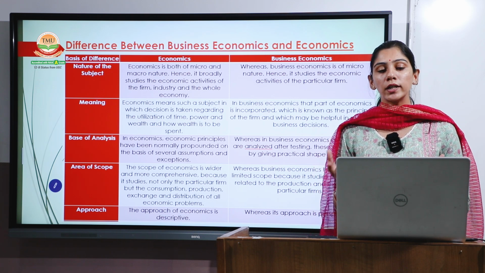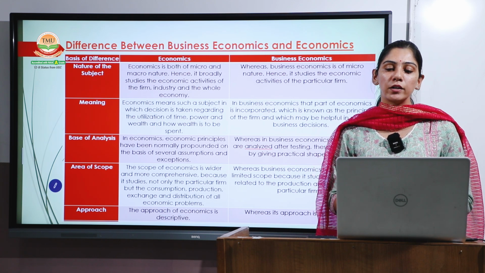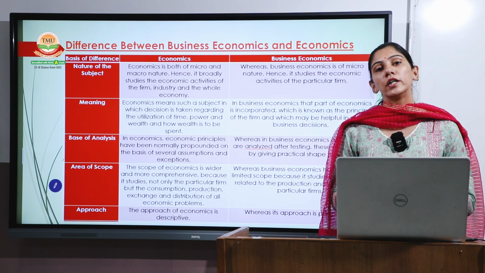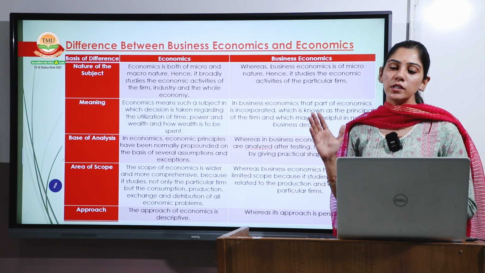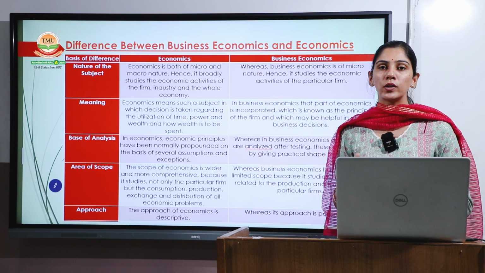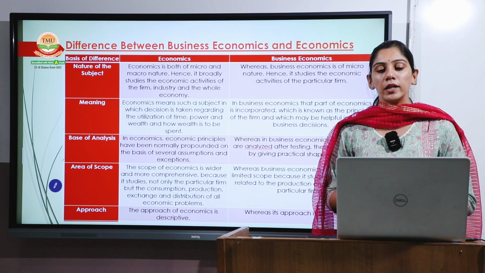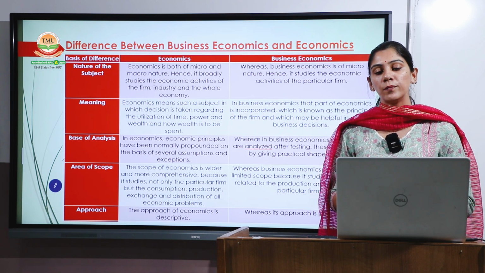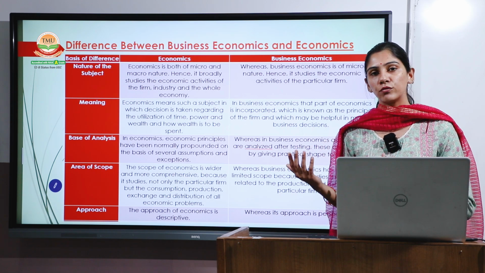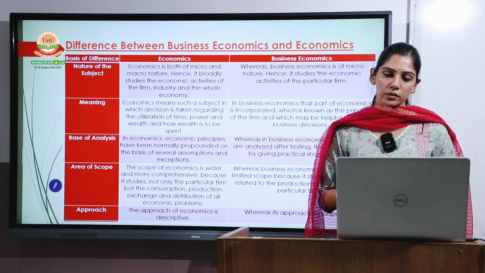Hence, it broadly studies the economic activity of the firm, industry, and whole economy. Whereas business economics is microeconomics, or you can say it is micro in nature. In this, we study only economic activities which are related to a particular firm or a particular business.